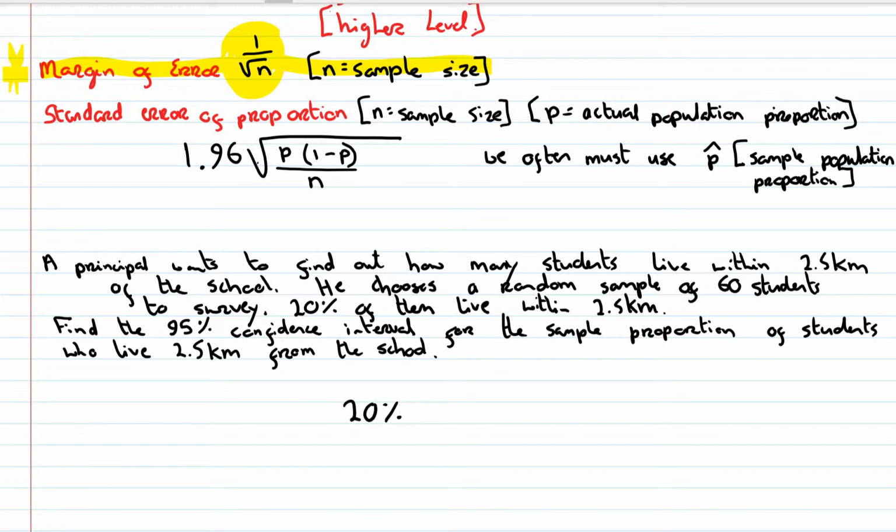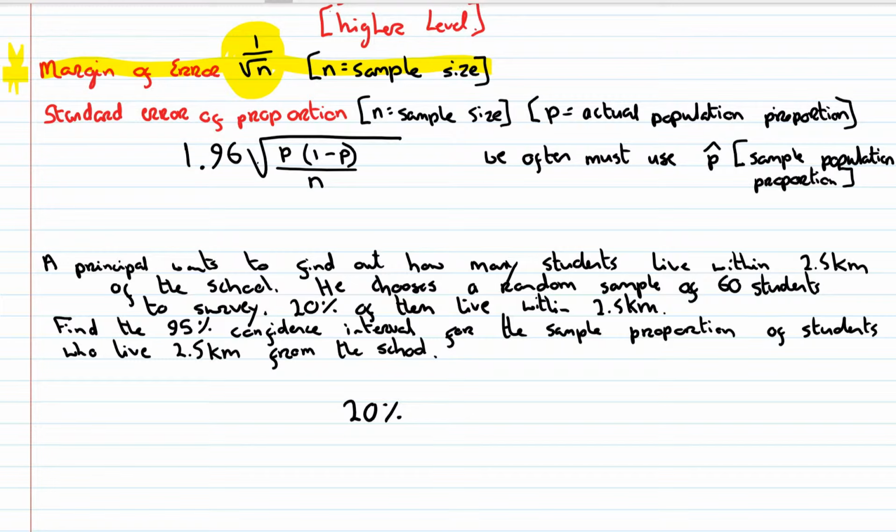But remember, he's only surveying 60 kids, so his sample might not be the real case for the overall school population. He's only chosen a sample of 60, so he might be a little bit wrong.